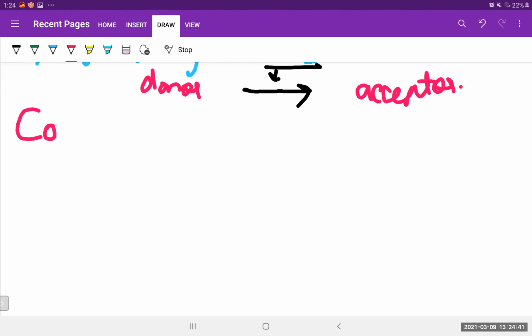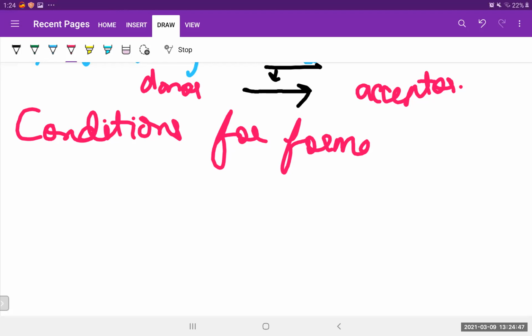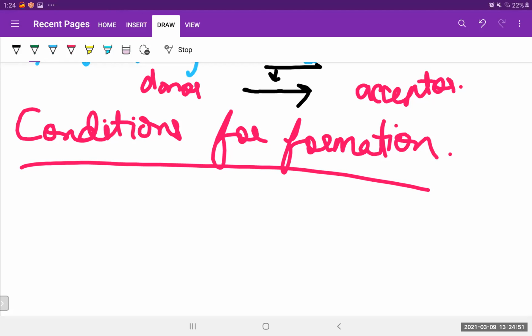So conditions for formation. Okay, so let's say some conditions for formation. So one of the two atoms must have at least one lone pair of electrons.